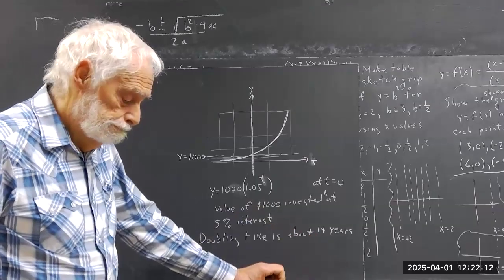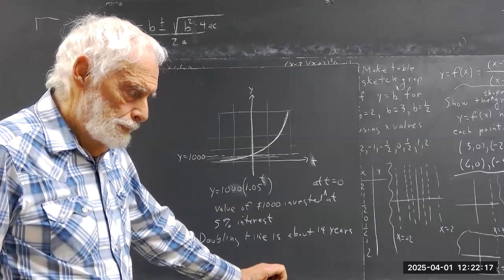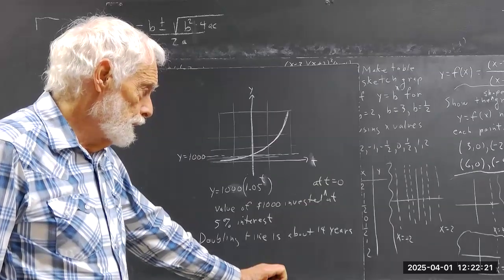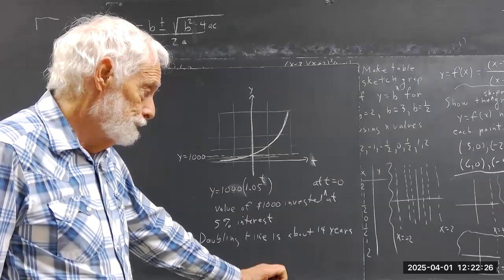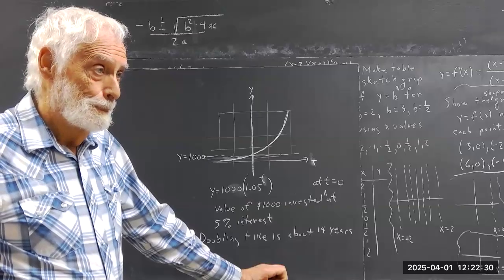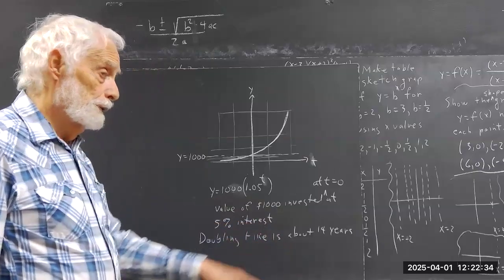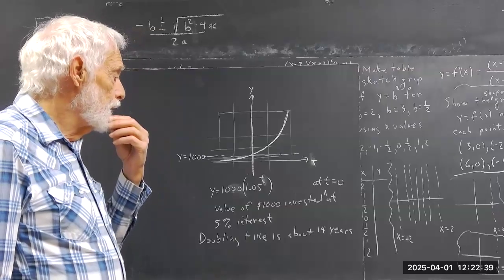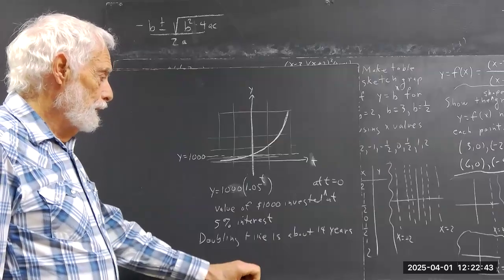So in my adult life, I've seen 4 doublings. If 5% is right, and that's kind of a good approximation. Okay.